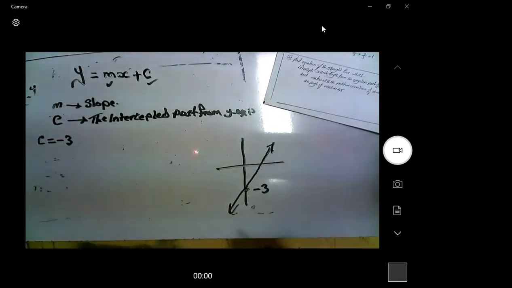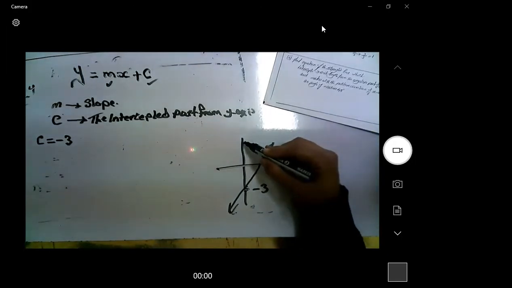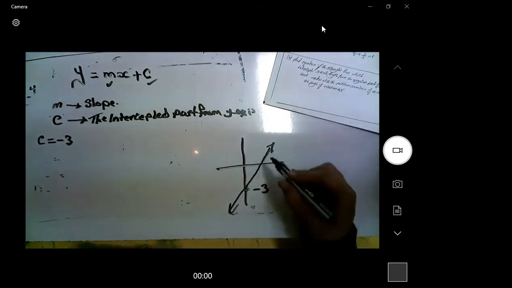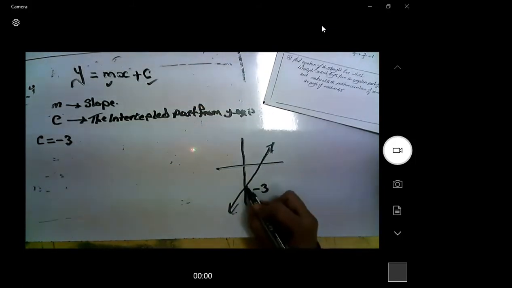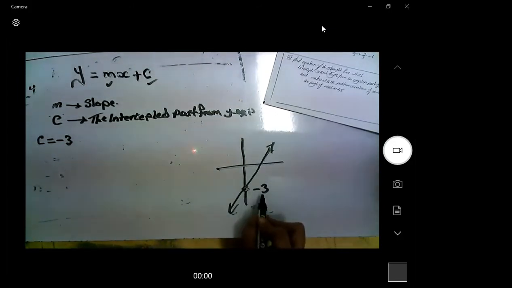If it intercepts 3 units from the positive part of the y-axis, then c equals 3. But ours intercepts from the negative part, so c equals -3.